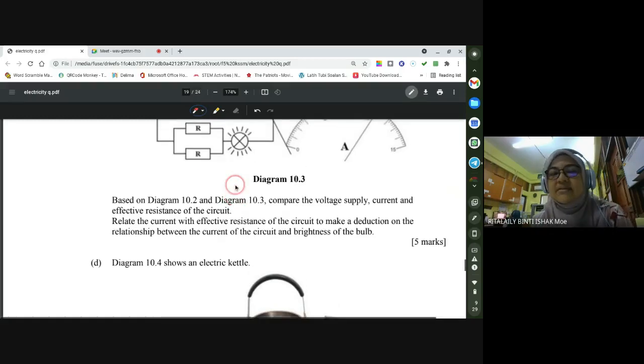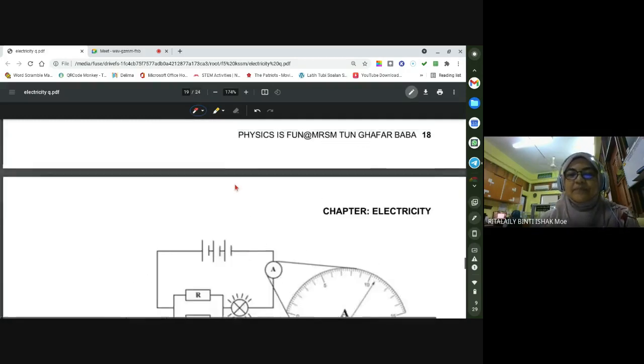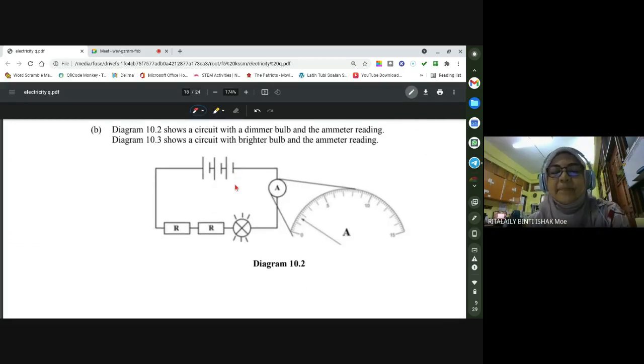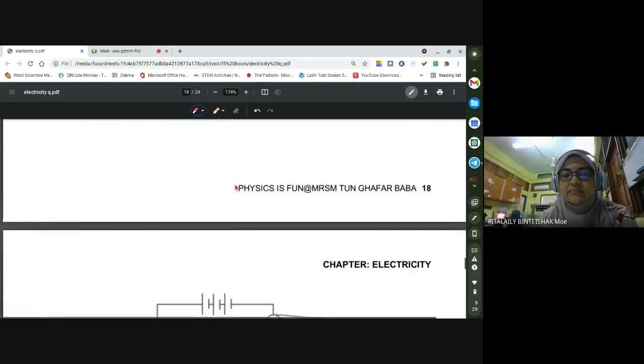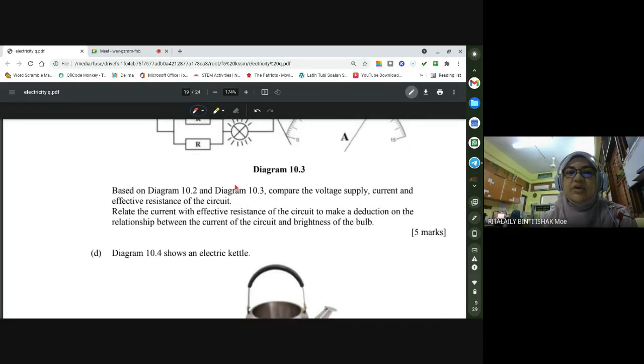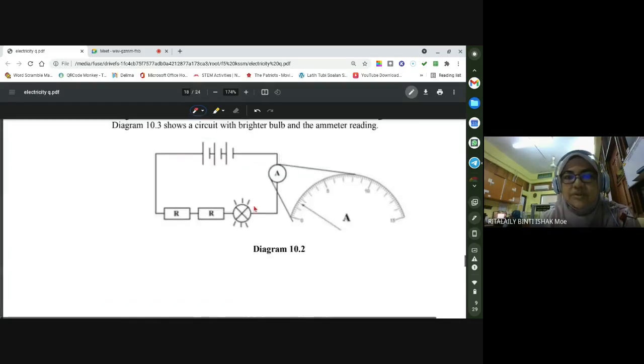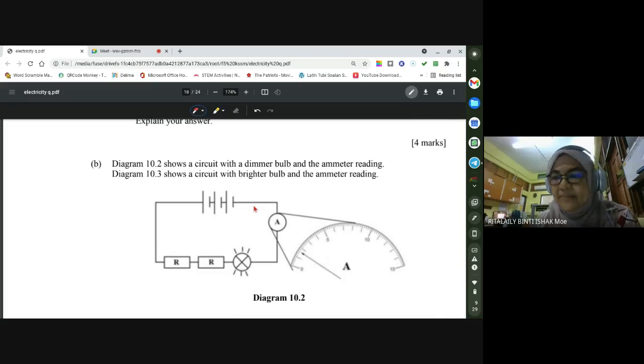Okay, 5 marks. So Jasmine, what is your answer for B? You can switch on your mic, or you can write the answer in the chat area. Yes, Jasmine? Okay, the voltage supply of 10.2 and 10.3 is the same. Why do you say that the voltage supply is the same?